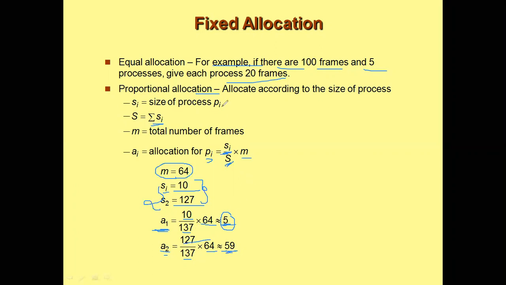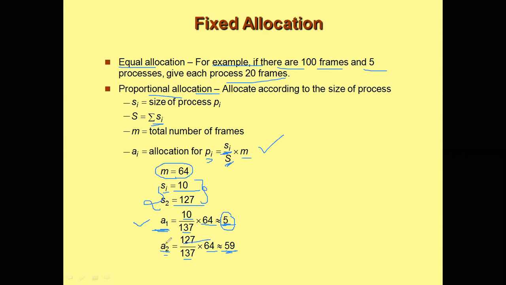So this is the fixed allocation. We have two types: equal, where an equal number of frames are given to processes, and proportional allocation, where based on this formula we allocate frames for each process. But there is a disadvantage here. For example, let's say that S1 is a high priority process and S2 is not so high priority.